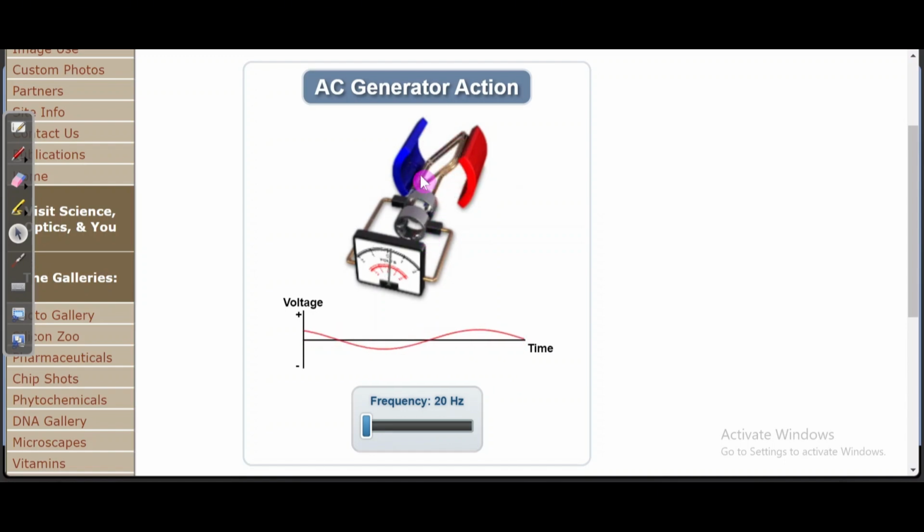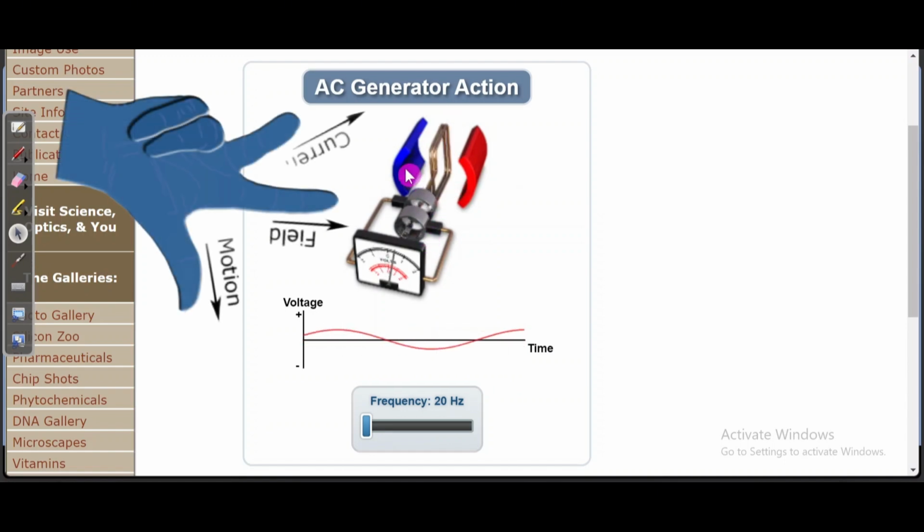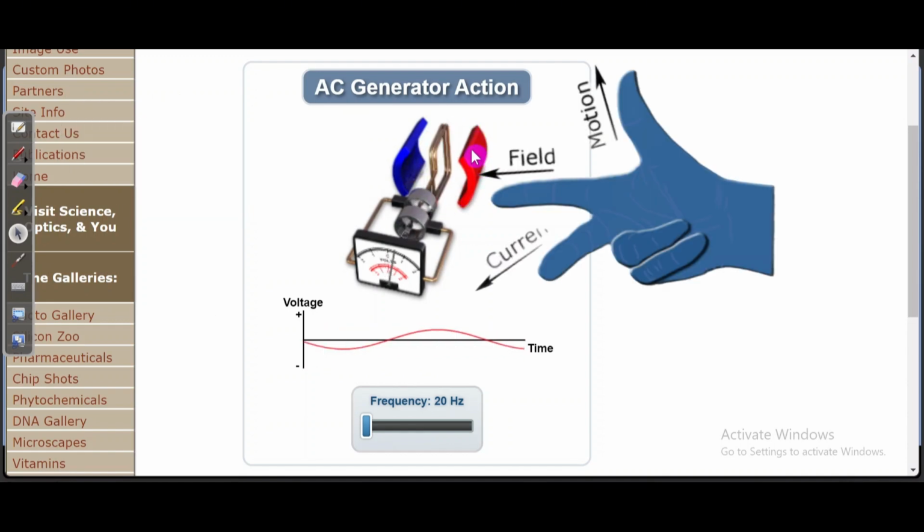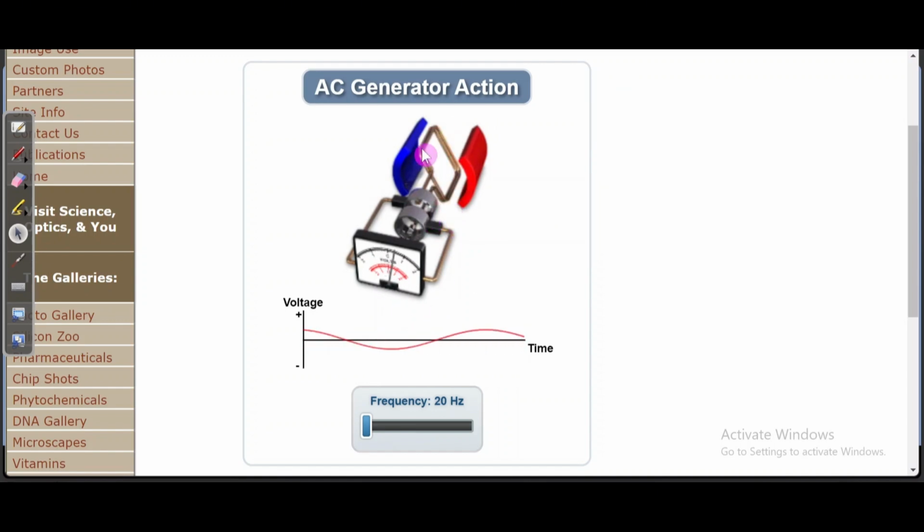On this side of the conductor the current will flow, and that is given by Fleming's right hand rule. On this other side of the conductor, the same current will flow, but in the opposite direction. Therefore the current produced will change in magnitude and direction as well.